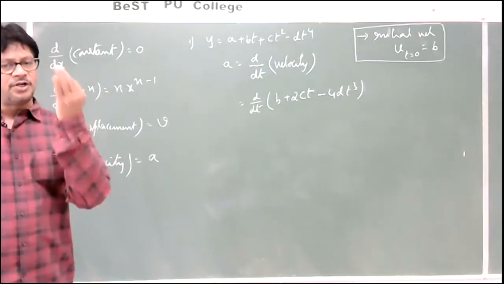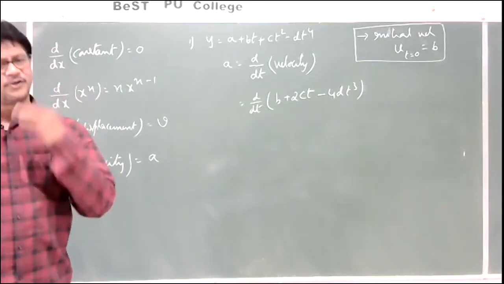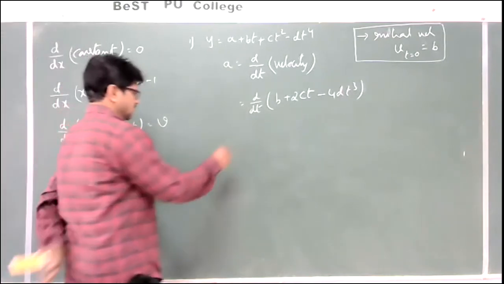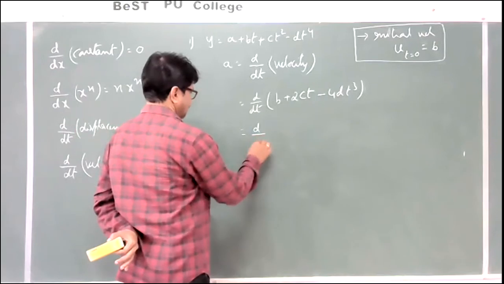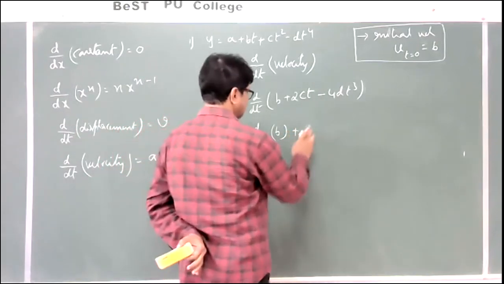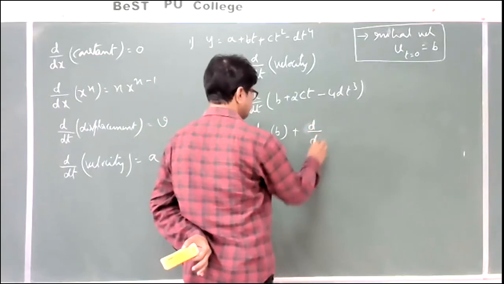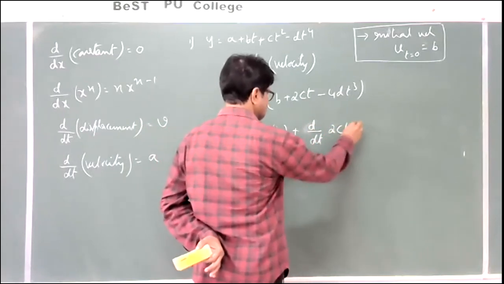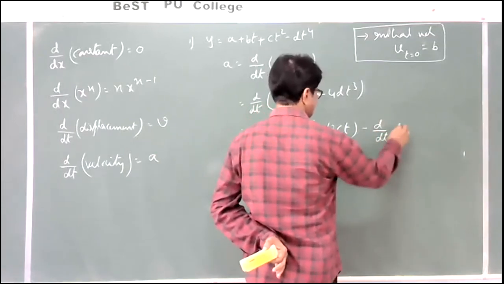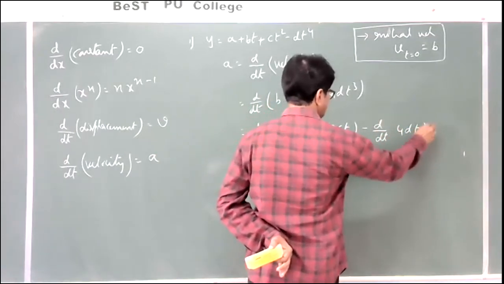Differentiate displacement once and we get velocity, differentiate once more and we get acceleration. So again the same procedure: d by dt of b plus d by dt of 2ct minus d by dt of 4dt cube.